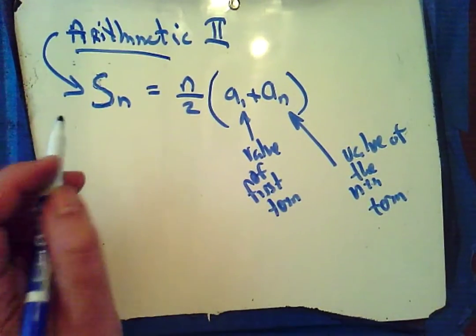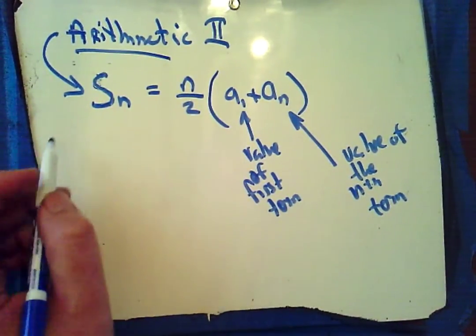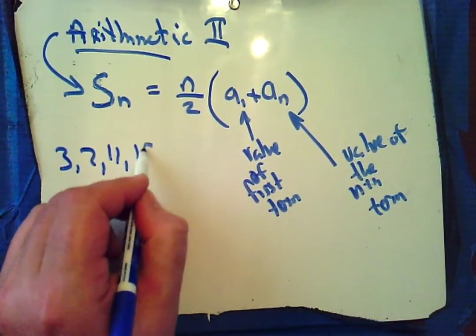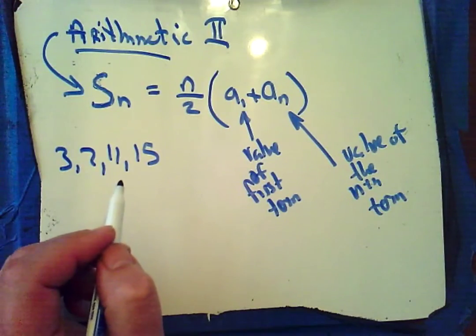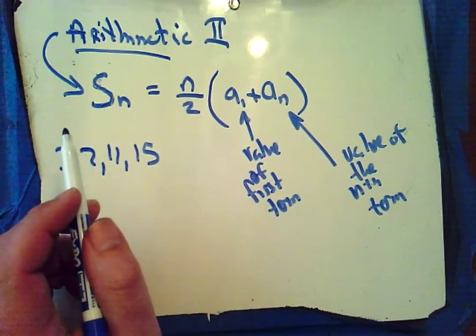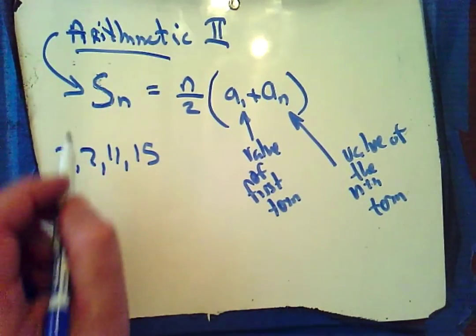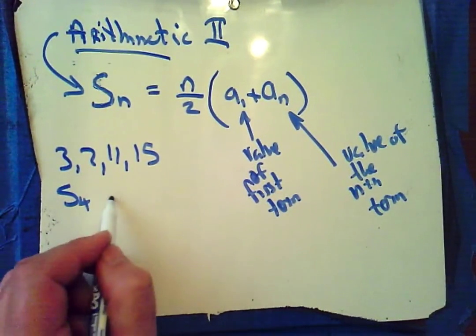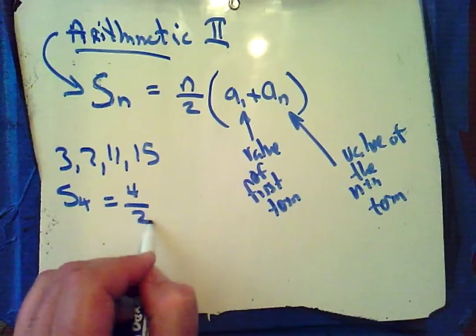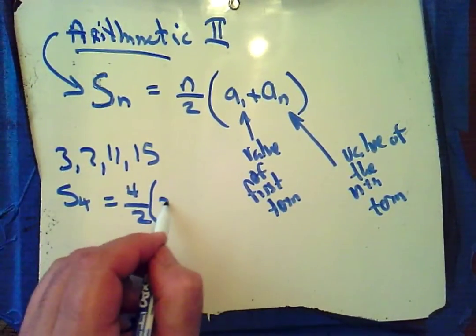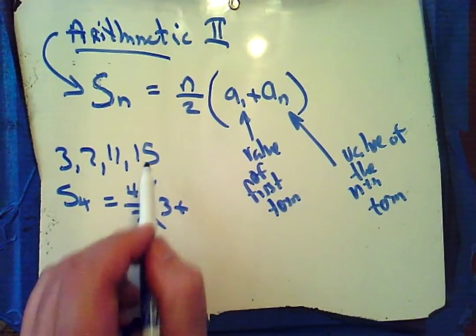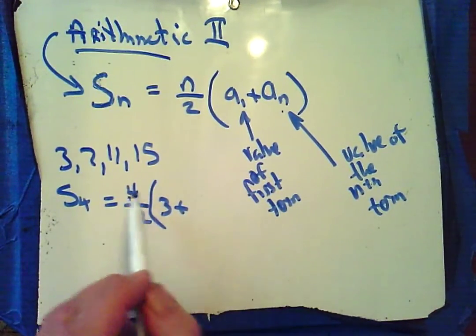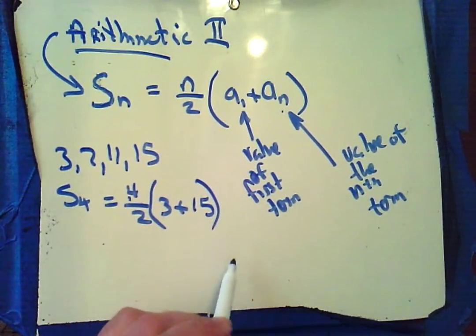So if I start with a really basic sequence like 3, 7, 11, 15, and I want to talk about the sum of those 4 terms, then I'm going to say 4 divided by 2, a sub 1 is 3, and a sub n, the value of our 4th term, is 15.